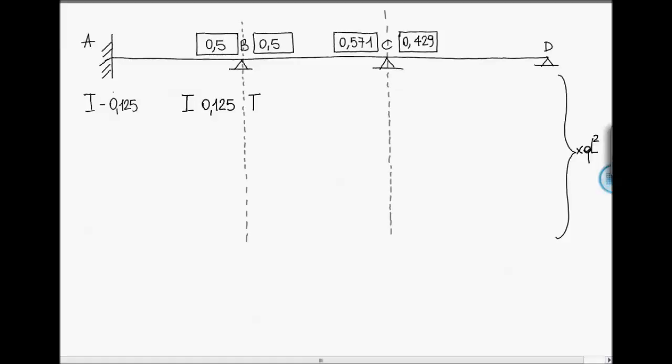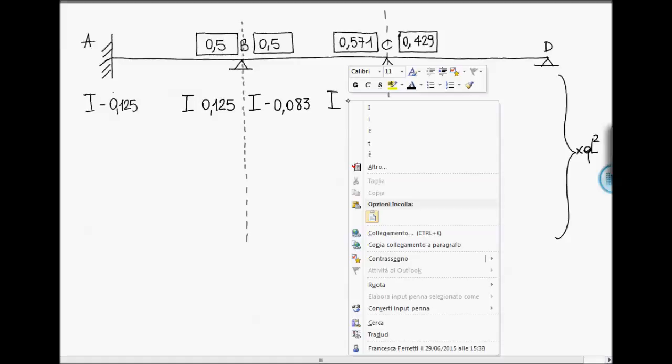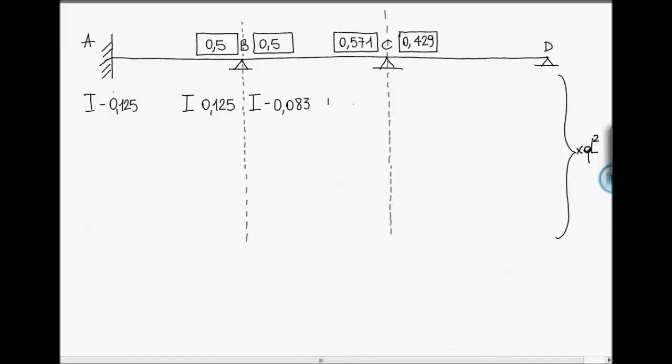On node B, on the right, we have a negative bending moment equal to 0.083, which is the QL squared over 12. On node C, the same value but positive, so 0.083.